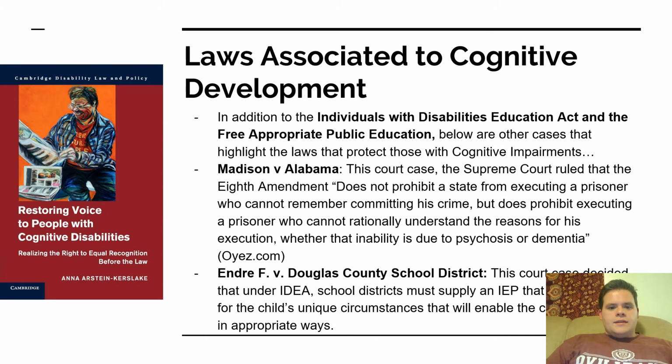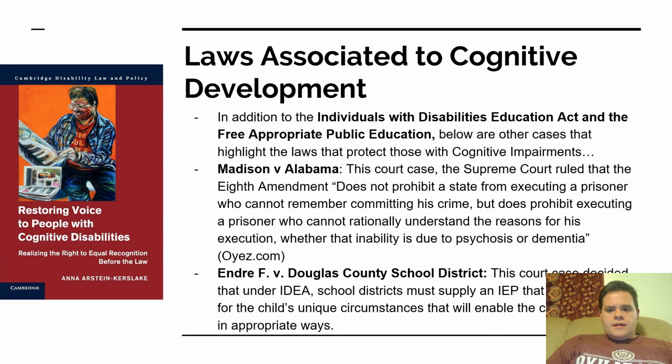In Madison versus Alabama, the Supreme Court ruled that the Eighth Amendment does not prohibit a state from executing a prisoner who cannot remember committing the crime, but does prohibit executing a prisoner who cannot rationally understand the reasons for his execution, whether that inability is due to psychosis or dementia. So that doesn't necessarily affect us as future educators and teachers, but it's still related to cognitive impairments.